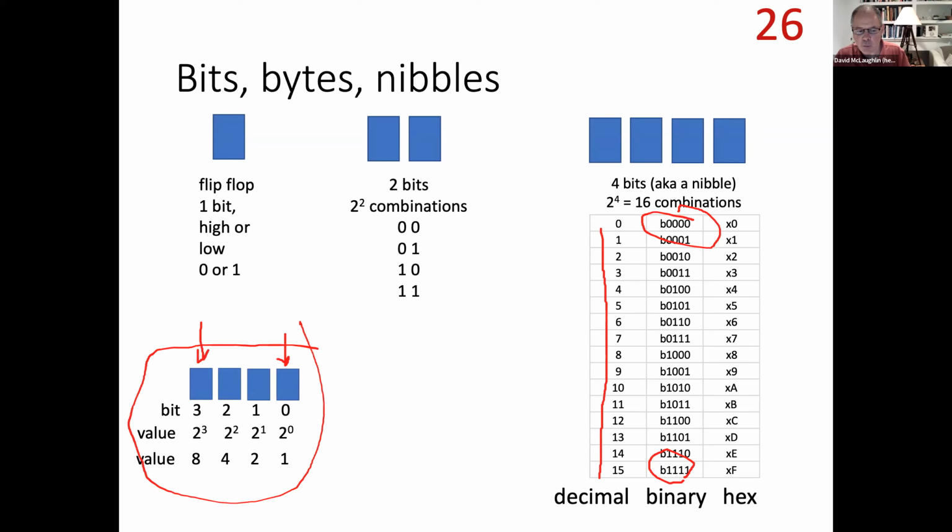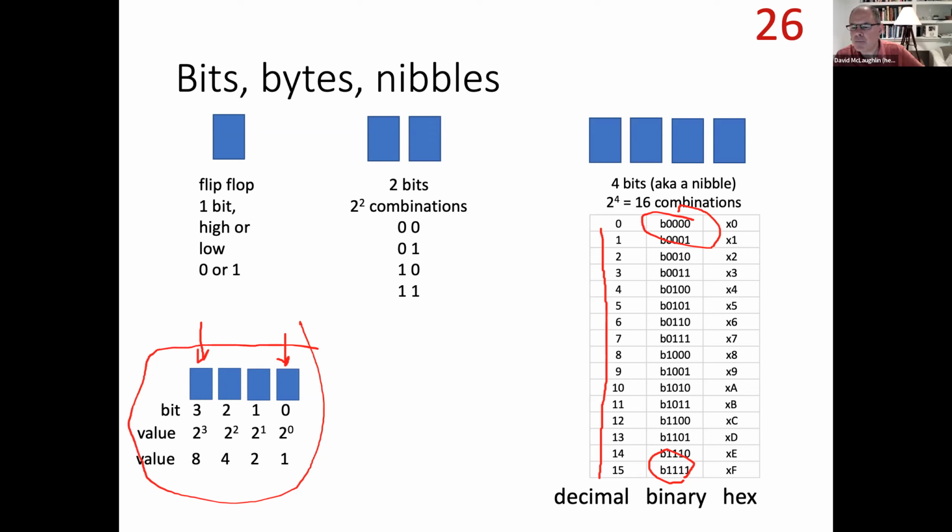And we know that there's a weight associated with each of these, because they're in an order. So the least significant bit represents a value of 0 or 1. The next bit over represents 0 or 2. The next one is 0 or 4, and the next one is 0 or 8, okay?